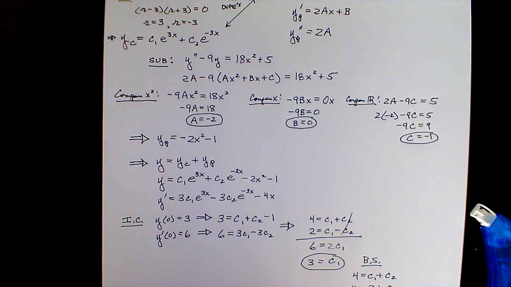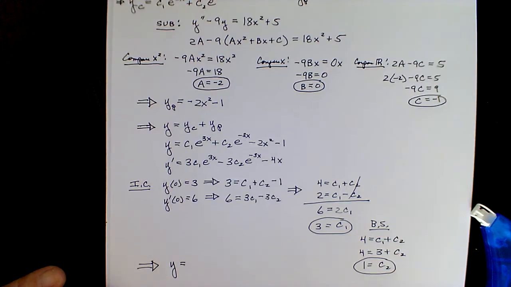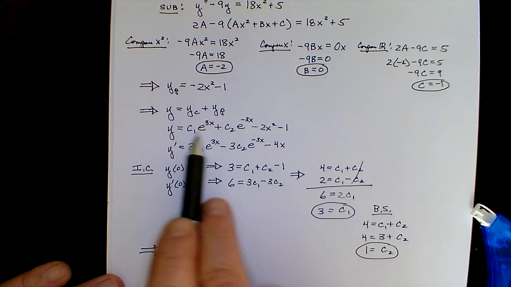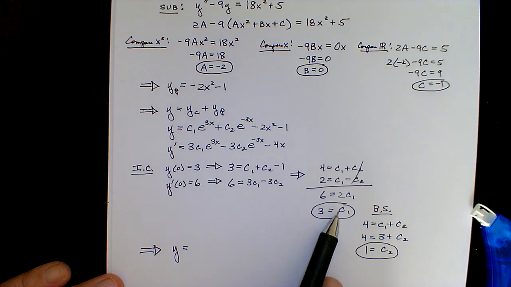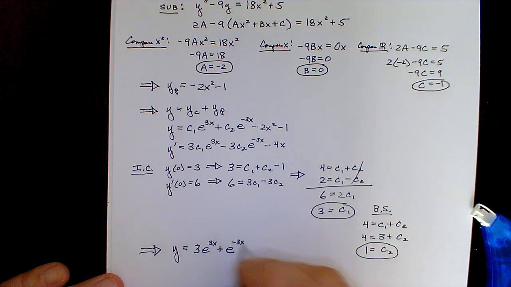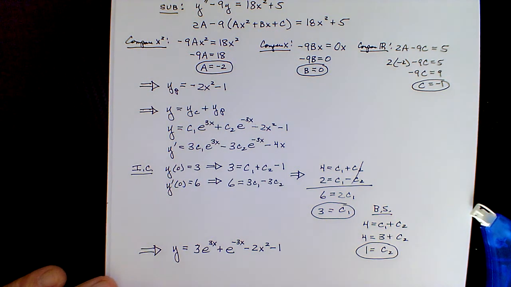So then our solution, y, is now equal to, go back up here, c1 was 3, so 3 e to the 3x, and then plus c2 was 1, so plus 1 e to the negative 3x, or just plus e to the negative 3x, and then don't forget to tag along the minus 2x squared minus 1.